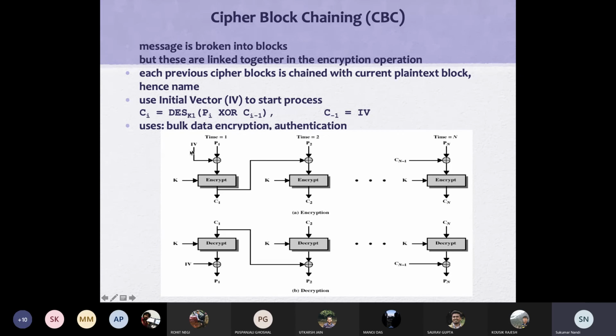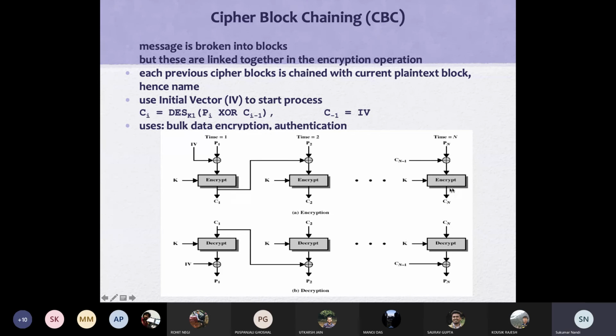The plaintext is joined with the initial vector and goes for encryption. The key is used the same. I will get a ciphertext C1. This C1 I will join with the next plaintext block before encryption, and continue.